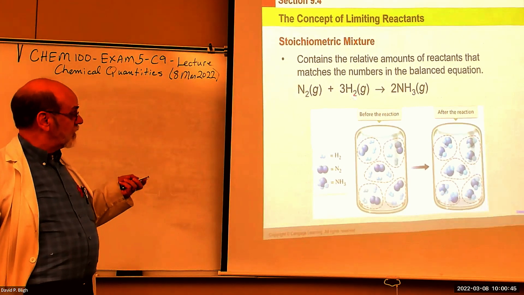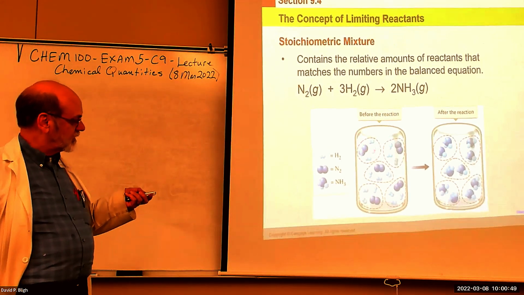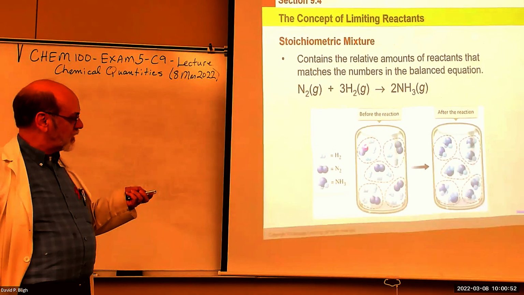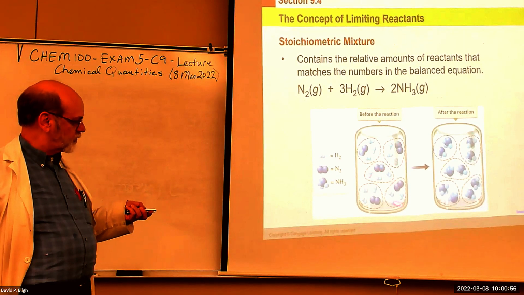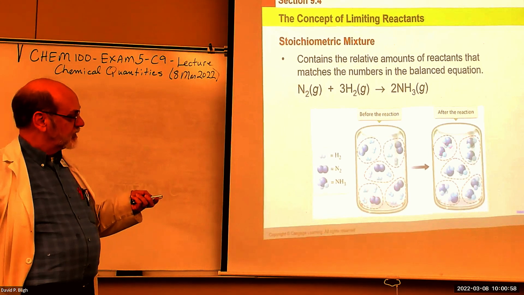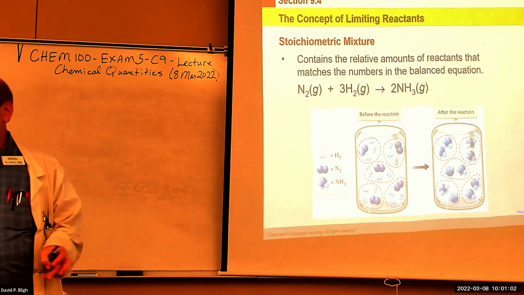Right? In this mixture, you have 1 mole of nitrogen, 3 moles of hydrogen. And everybody's got their right partners. 1, 3, 1, 3, 1, 3. Produces 2 of these for that group, 2 of these for that. That's a stoichiometric mixture.